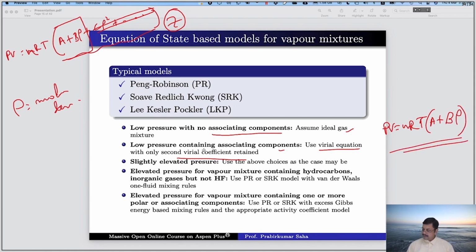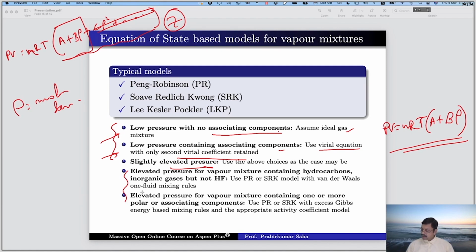And if you have slightly elevated pressure, then you can choose the cases as it may be. And if you have elevated pressure, then you have two choices.